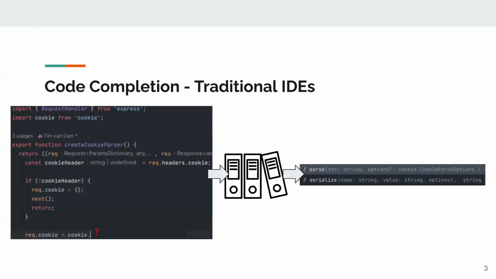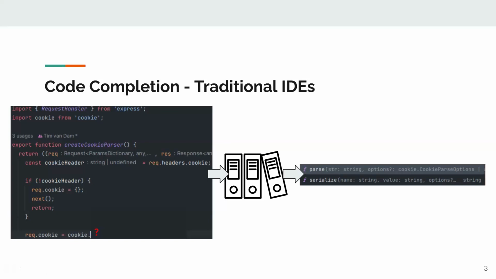So let's start with the basics. As this is a JetBrains seminar, I'm sure you're all familiar with the traditional IDE code completion, where you type out something like cookie dot, and the code completion is able to easily find out what functions exist on this cookie object and give you a list of suggestions.